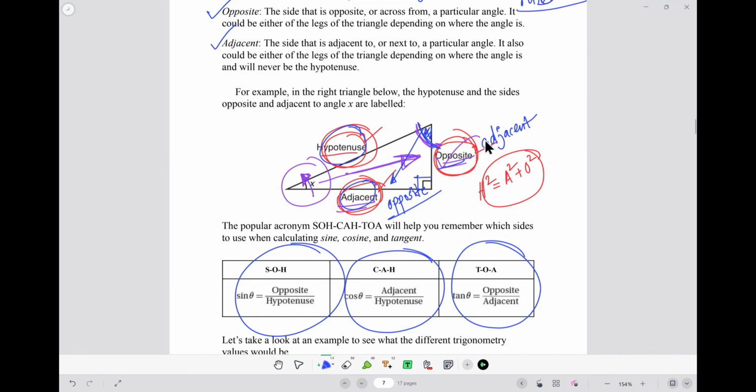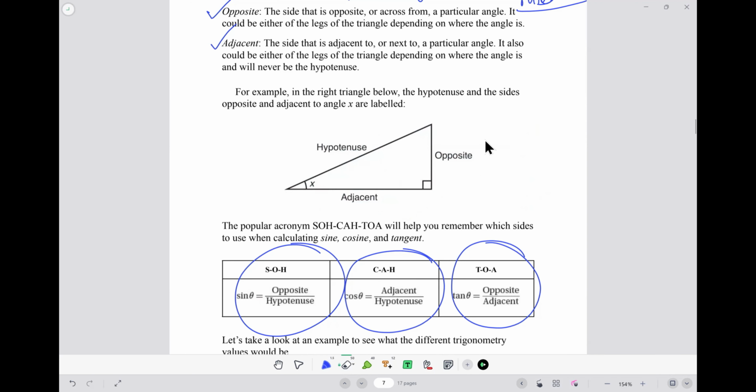Let me clean some things. The sine function, the cosine function, and the tangent function.